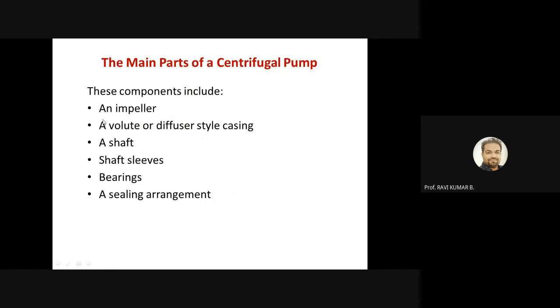So it has all these parts, right? We can say an impeller, a volute or diffuser style casing, and a shaft on which the impeller is mounted, plus shaft sleeves, bearings, and sealing arrangements, so there will be no leakage of water through the casing.